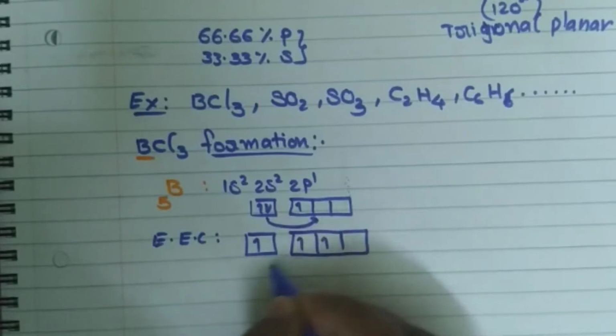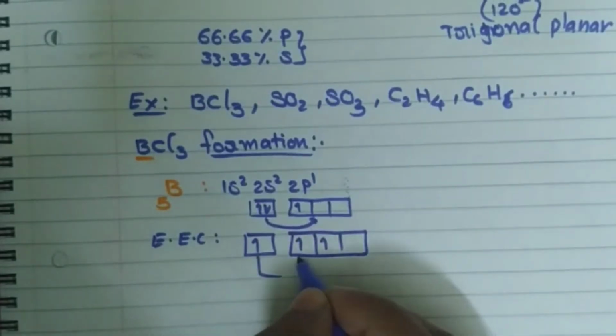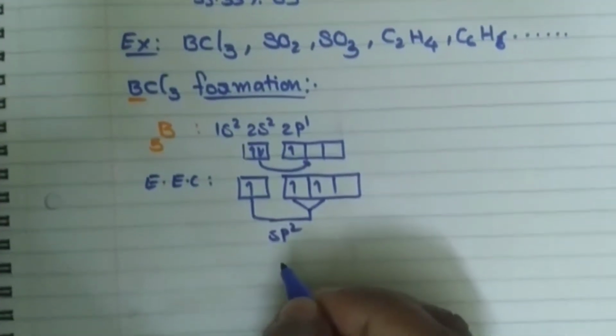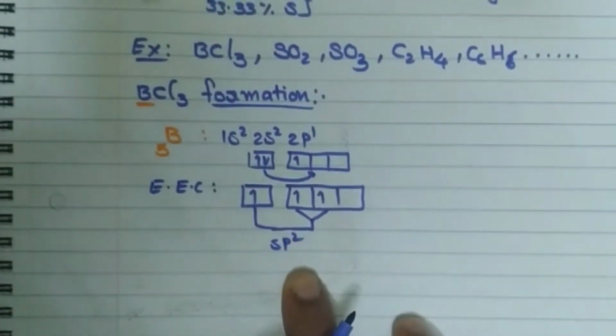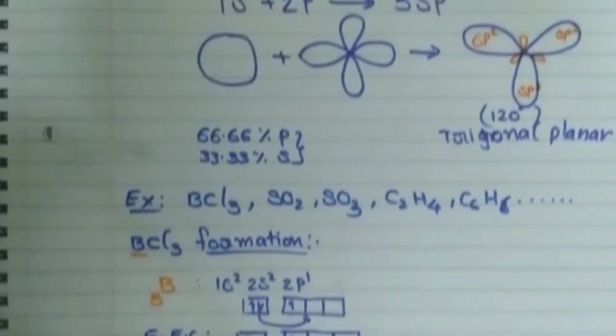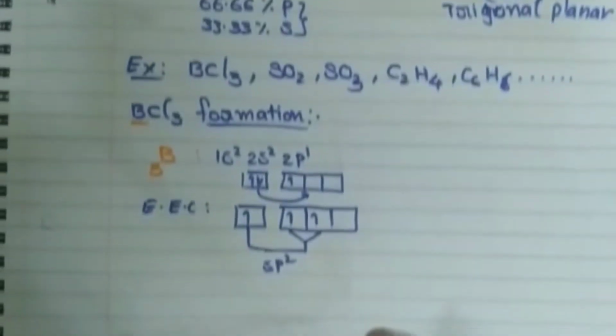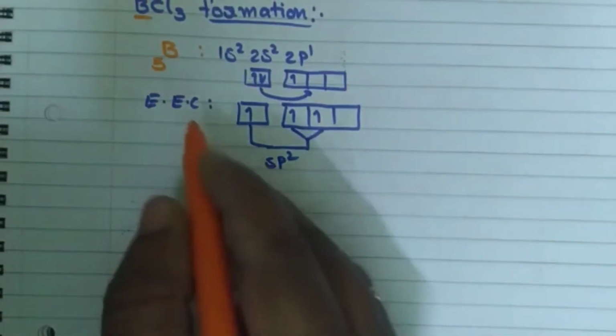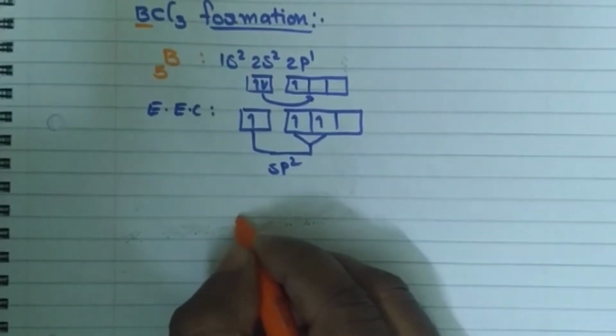Here one s orbital and two p orbitals undergo sp2 hybridization. We already know the structure of sp2 hybridization. I want to draw again the sp2 hybridization of the boron atom.